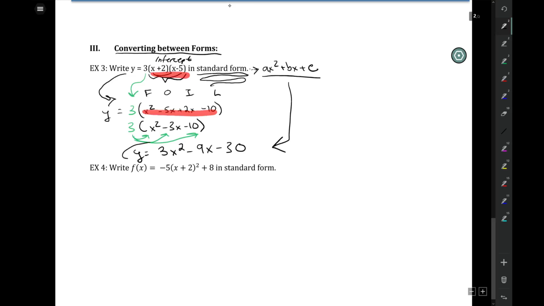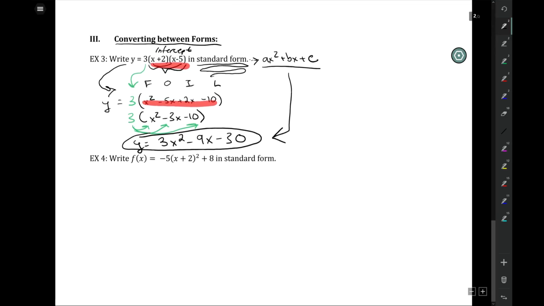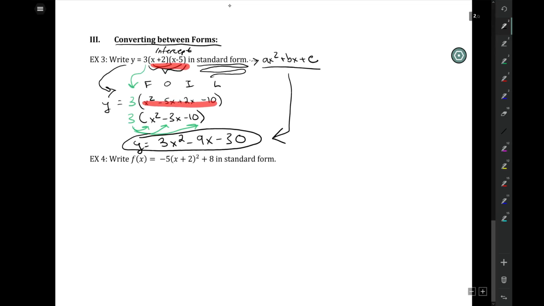It's not terribly hard, but you do need to remember that. Now, example 4, we're going from vertex form, h and k, to standard form. Very similar, but you need to really take your time. There are some common mistakes students make.